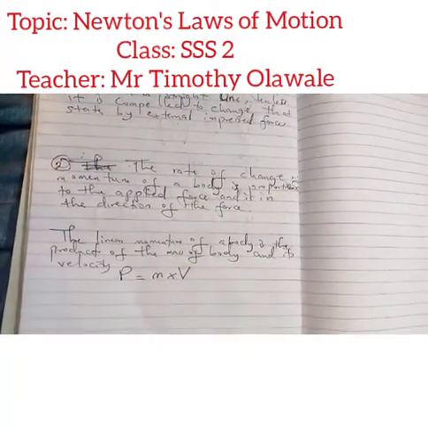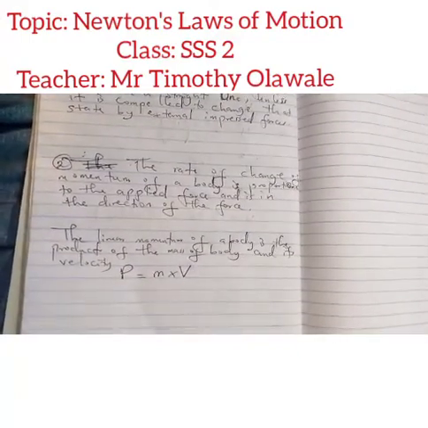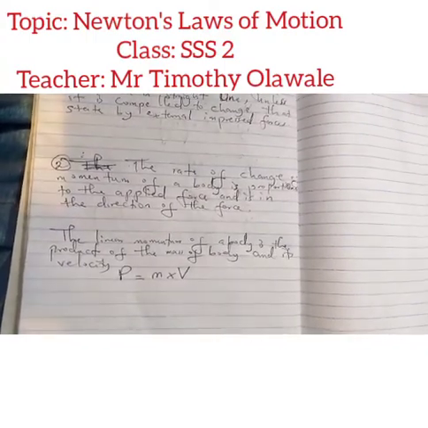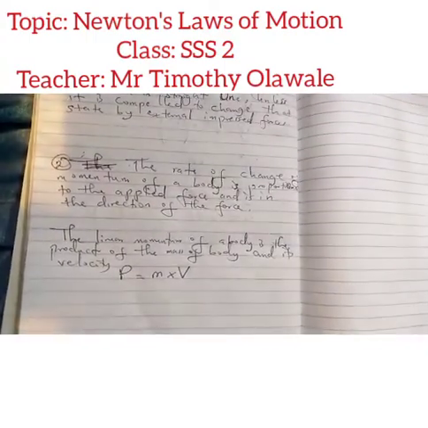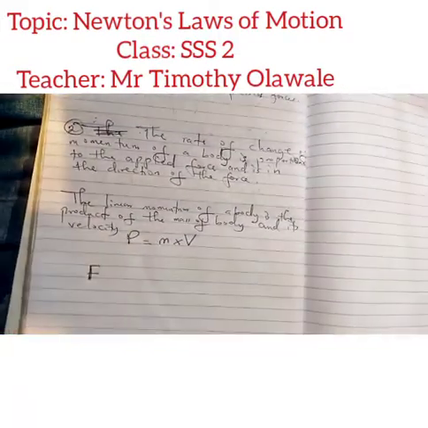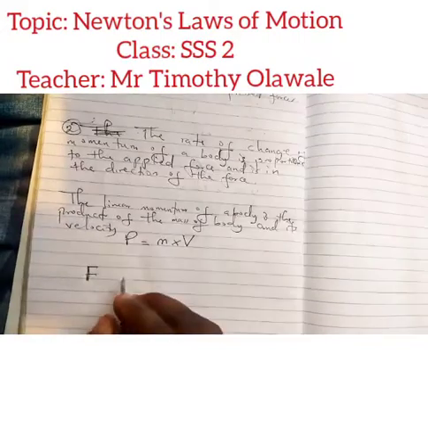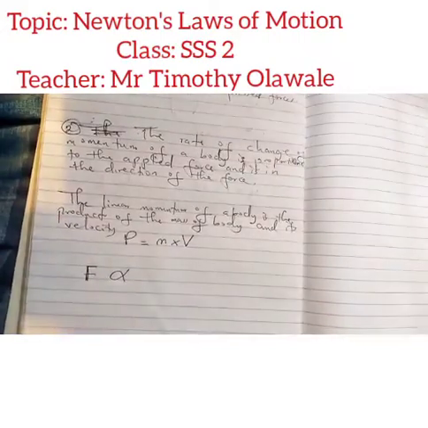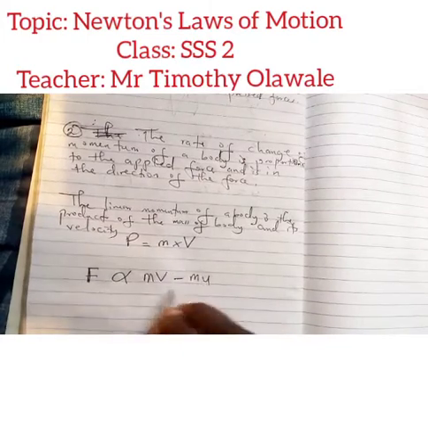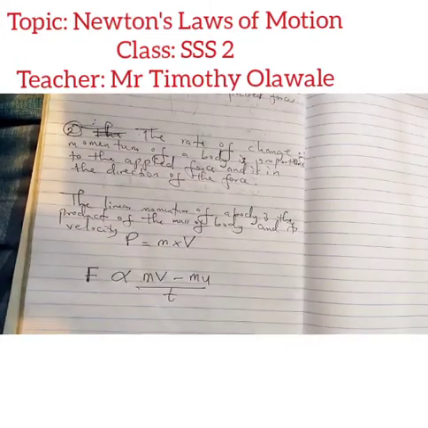All right, so let's go back to the law. The rate of change of momentum of a body is proportional to the force applied and is in the direction of the force. So now let the force be F. F is directly proportional to mv minus mu over t.